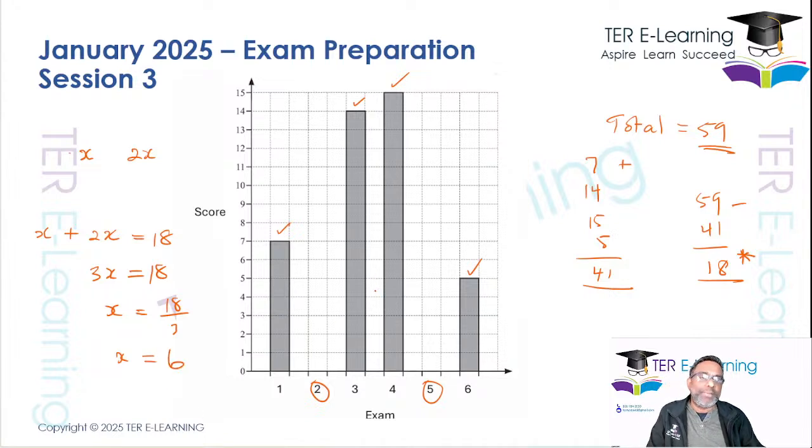So in order to complete this, all I need to do for the second exam is go up to 6. So that's 6 here. And then for exam 5, since it's twice as much, it's going to be 2 times 6, so this is going up to 12.